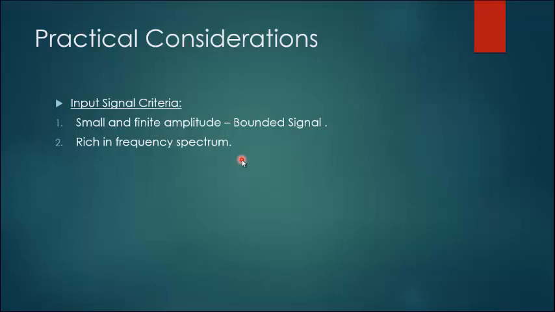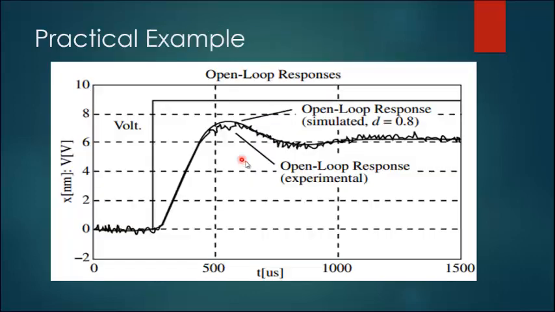If our input signal does not contain the frequencies of all elements, we'll miss something in this system. So we will have the transfer function, but it will be inaccurate because some elements haven't been triggered.